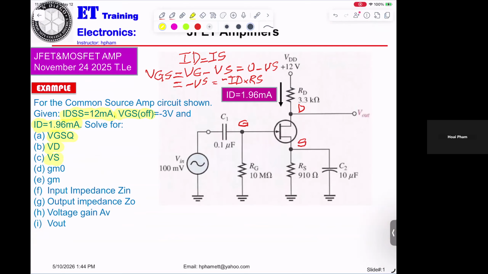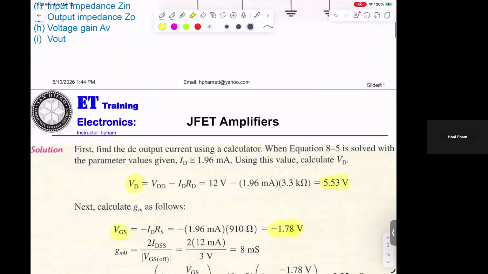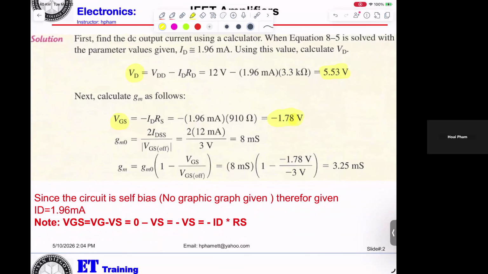VS, that means VS is easy to calculate already. And calculate the gm0. So you go to the gm0 here. Just a formula, okay? Equal to 2 times IDSS divided by VGS off, absolute value.